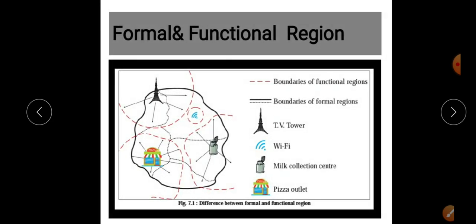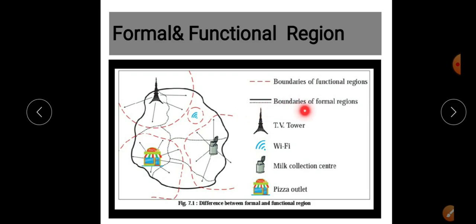We can take more knowledge about the formal and functional region and their difference with the help of one diagram which is in your textbook. Figure 7.1 indicates the difference between formal and functional region. Here a brown dotted boundary shows the functional region.